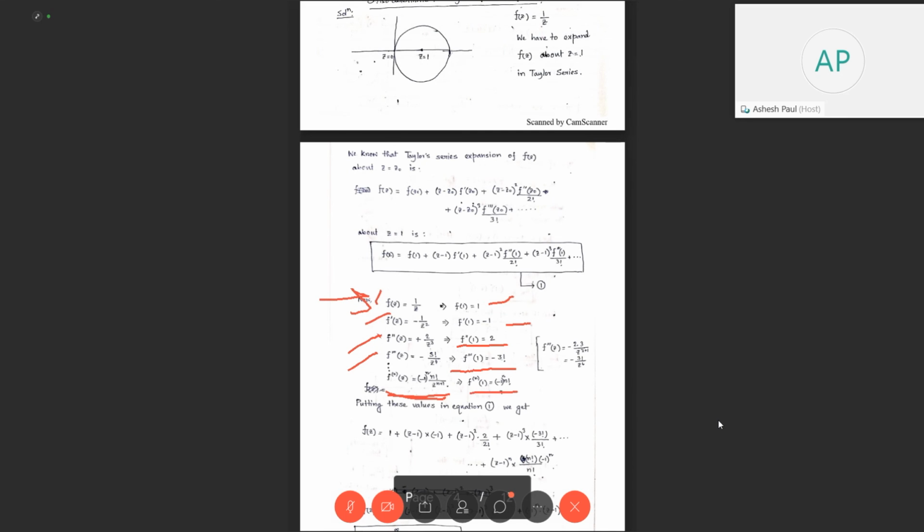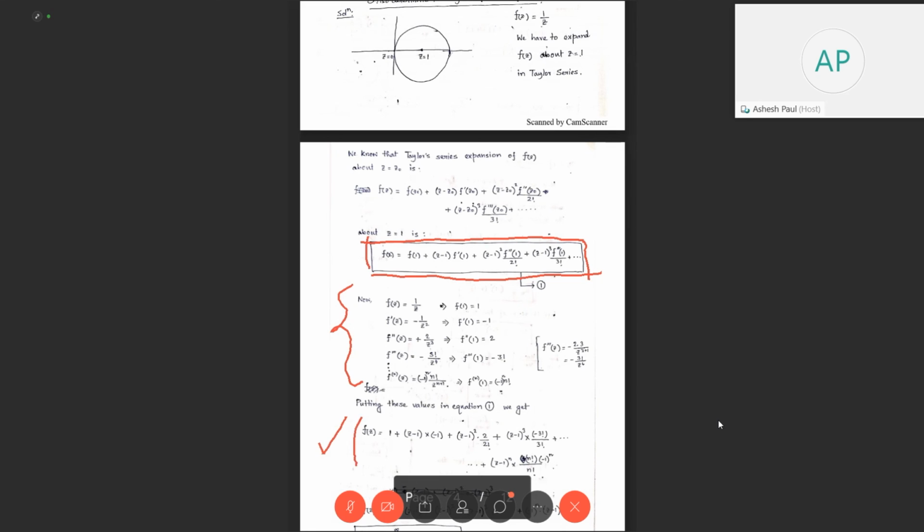The value of the nth derivative at the point 1 will be minus 1 whole to the power n into factorial n. Now putting all these values of f(1), f dash (1), f double dash (1), f triple dash (1) and the nth derivative in equation 1, we get the required Taylor series.